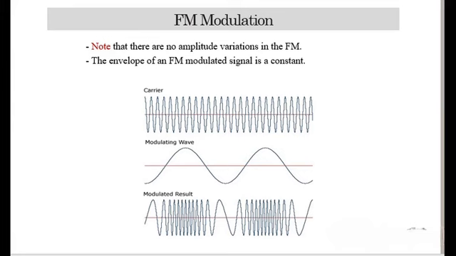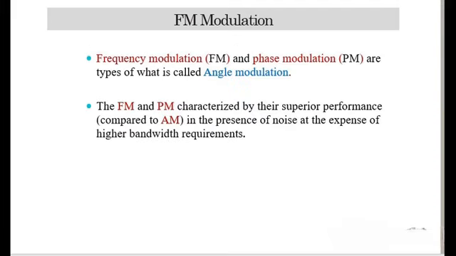An example of FM is the length of a string and the resulting pitch, rapidly altering with the oscillating movement of the finger, while amplitude modulation is different. Frequency modulation and phase modulation are types of what is called angle modulation.